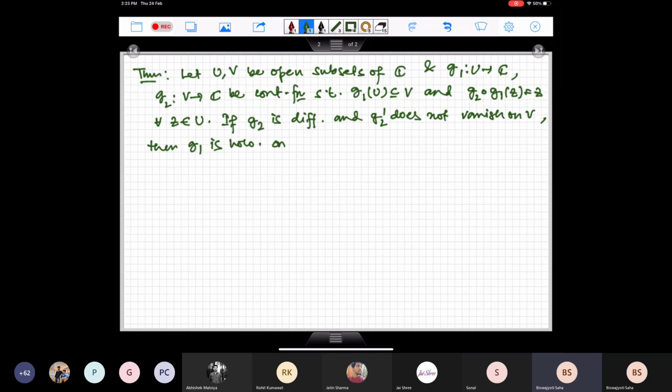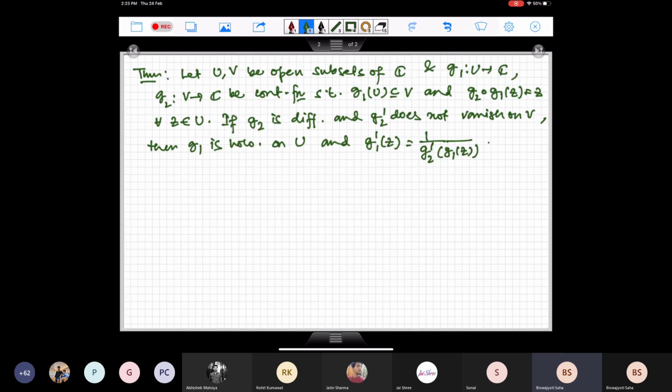Then we have G1 is holomorphic on U, and this G1 prime of z was 1 upon G2 prime of G1(z). So that was the statement which I had proved when we were talking about holomorphicity for branch of logarithm.